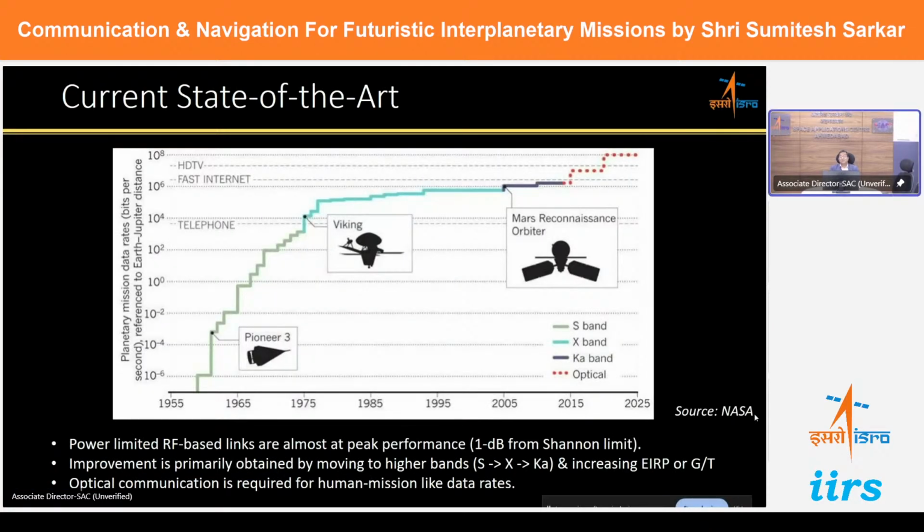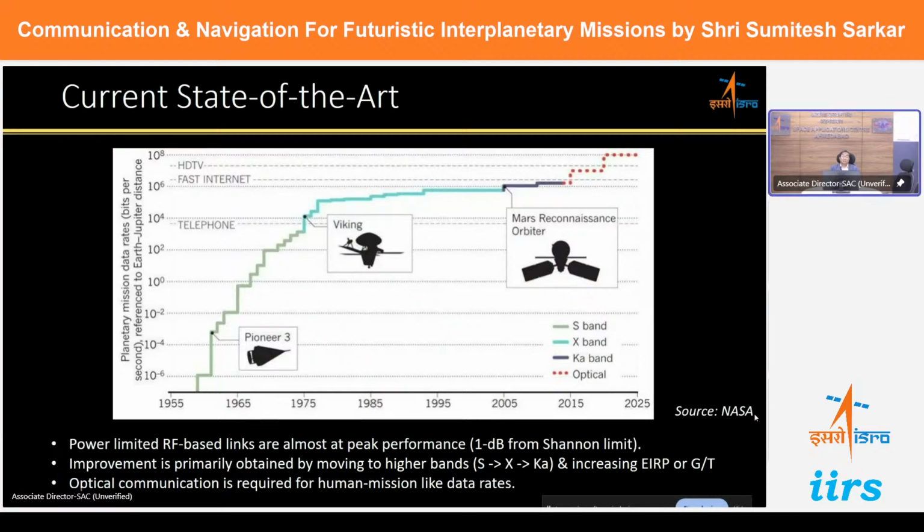So this is the timeline of how the service quality is improving, and the type of services is also changing. Initially, if you see the Pioneer and Viking missions, they were mostly used up to 1975.